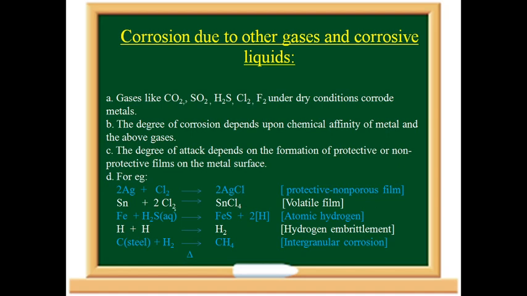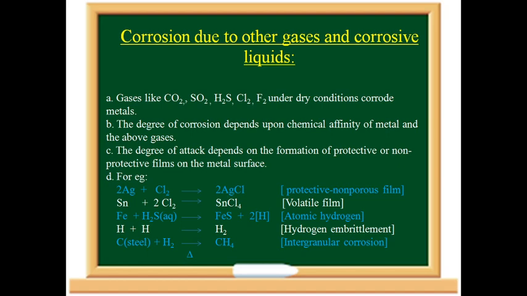The same chlorine, when it reacts with tin, forms stannic chloride. स्टैनिक क्लोराइड इज़ अ वोलेटाइल फिल्म. वोलेटाइल फिल्म मतलब with this tin chloride, the stannic chloride which is formed will get vaporized, and then after vaporization what will happen, again the tin is once again ready for further exposure towards chlorine, and this process will continue until the entire tin metal is finished.